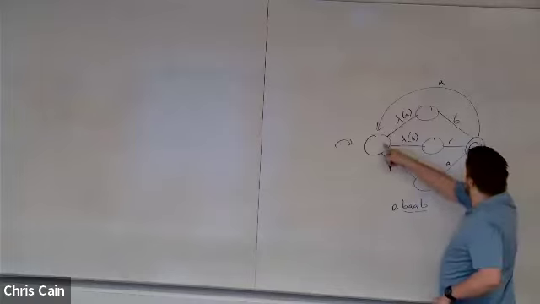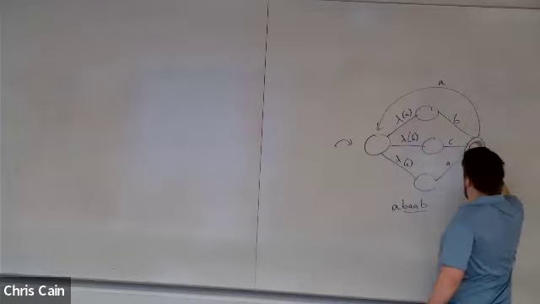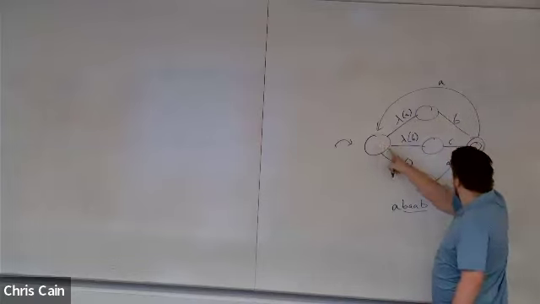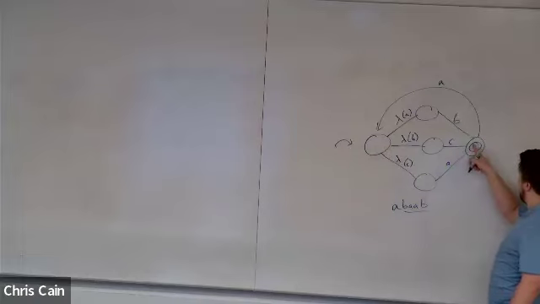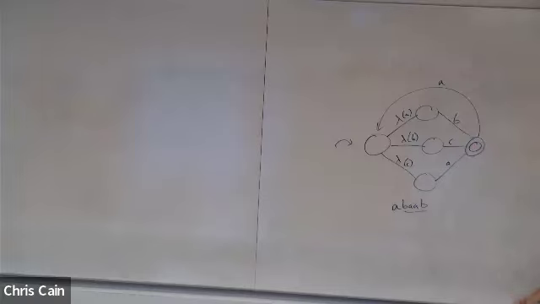So we lambda transition, B, A, lambda transition A. There's no possible B out of the final state, so we reject. So this cannot be a solution to something like this.